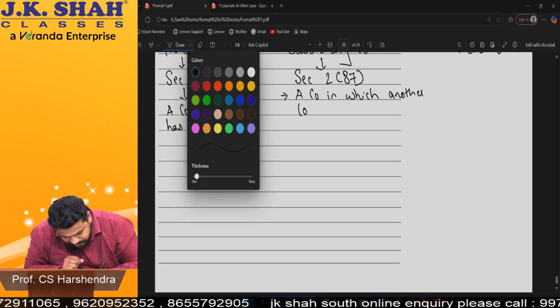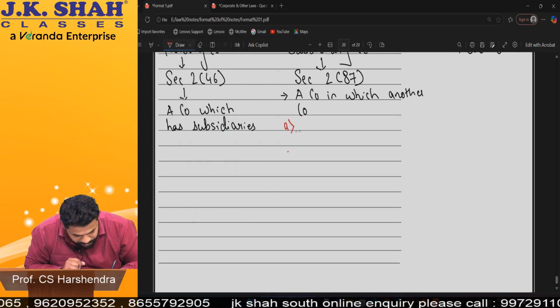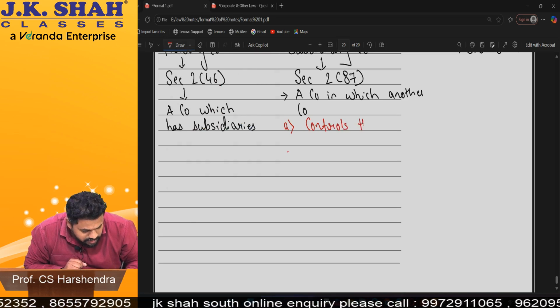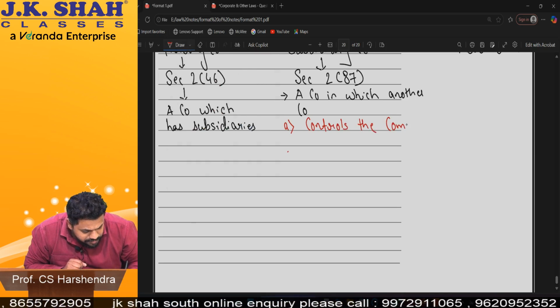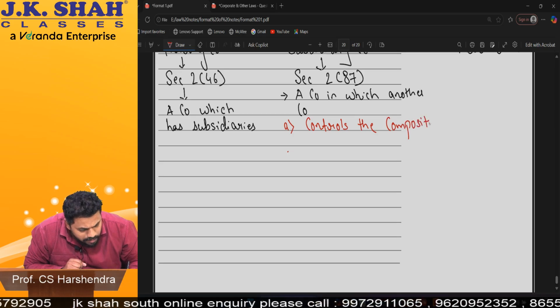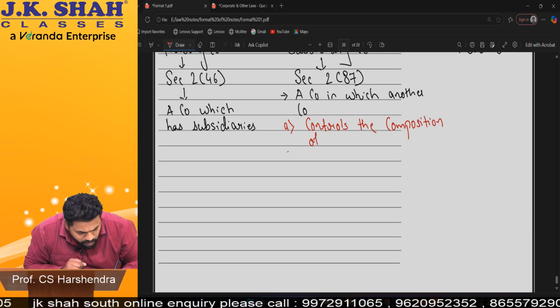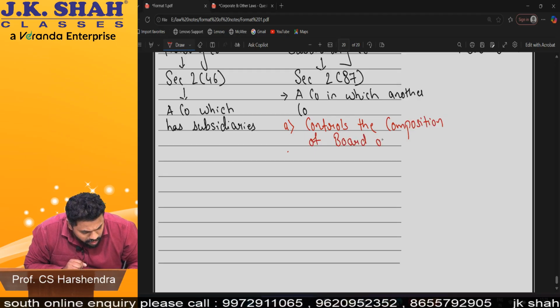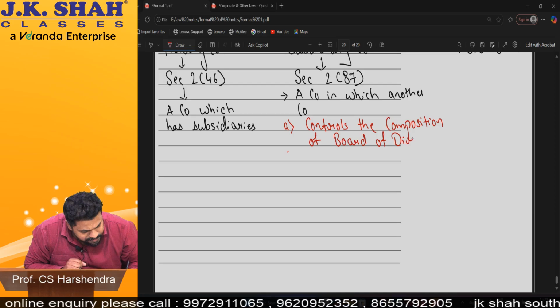First method, point A: controls the composition of board of directors.